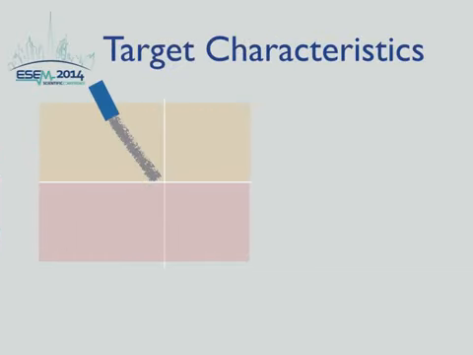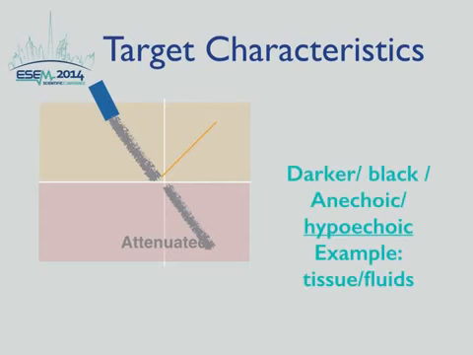On the other hand, if a larger part of the sound wave attenuates and very little is reflected, this is going to produce an anechoic or hypoechoic, darker image. For example, this is what happens when the sound wave interacts with tissue and fluid.